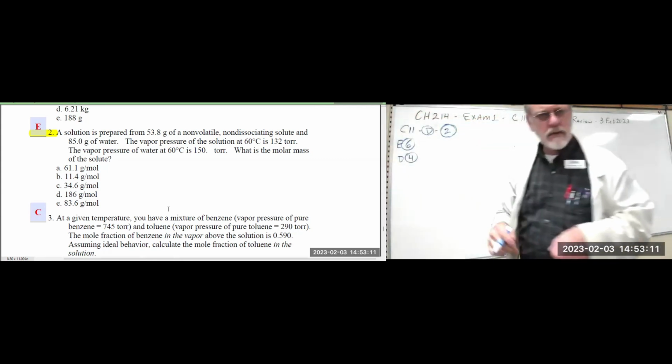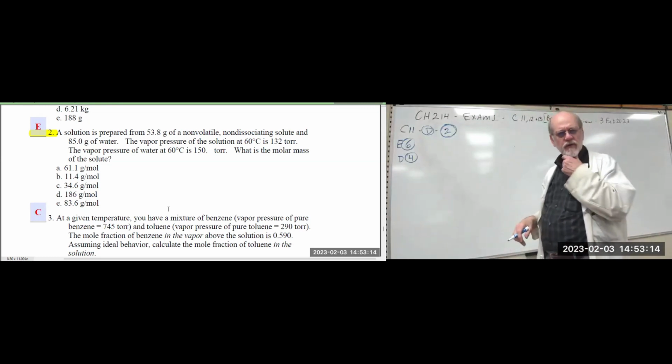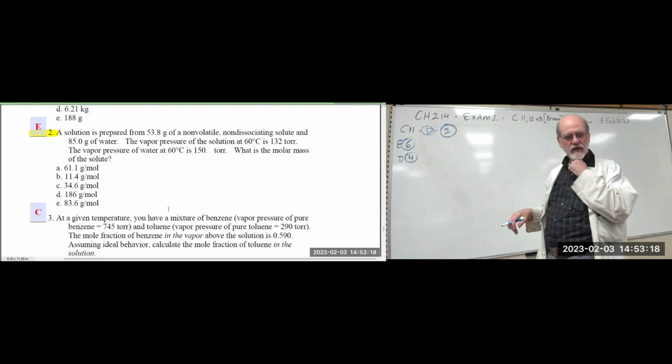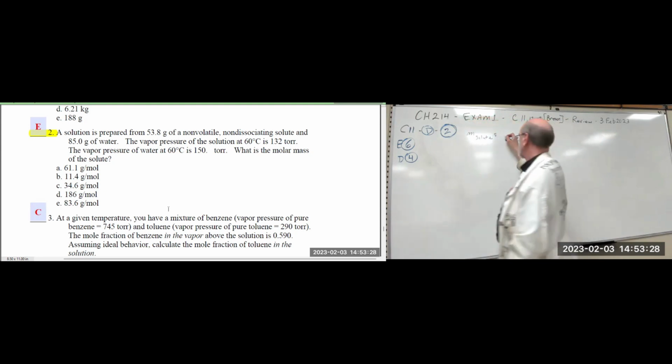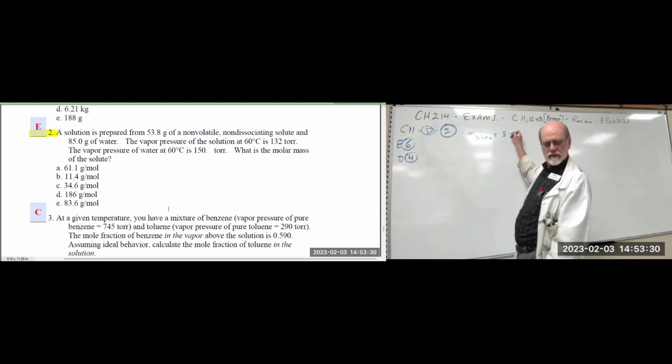Difficult 2. A solution is prepared from 53.8 grams of a non-volatile, non-dissociating solute and 85 grams of water. So the mass of the solute equals 53.8 grams, and the mass of the solvent equals 85 grams of water.